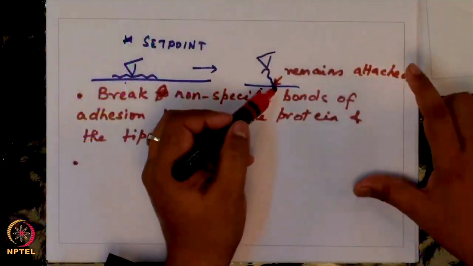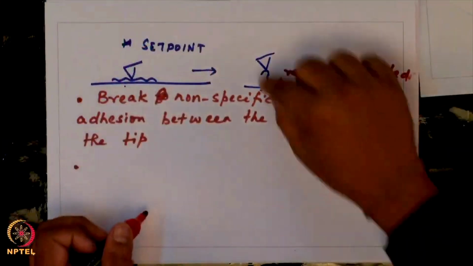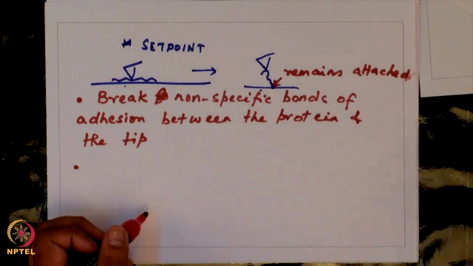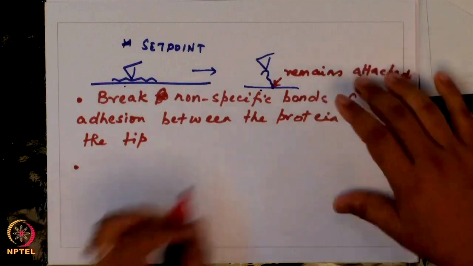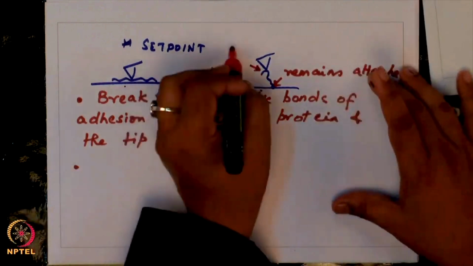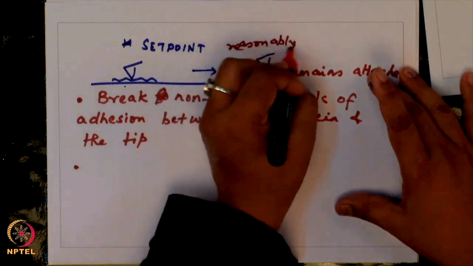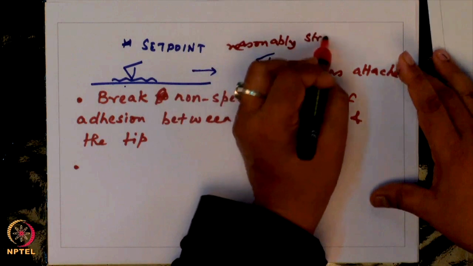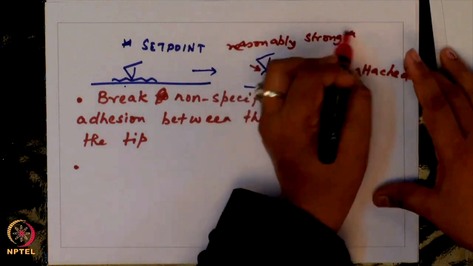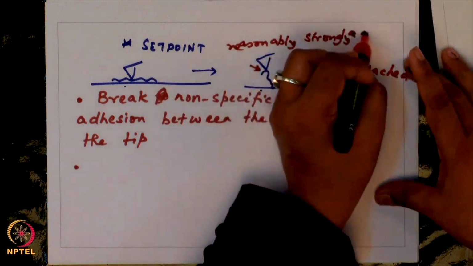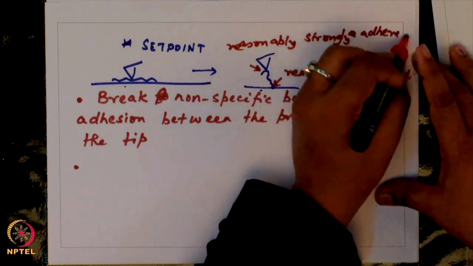Let us assume one end of the protein remains attached with the surface. Think of a protein as a chain, let us say as a rubber band. When you try, and this end is also reasonably strongly adhered.